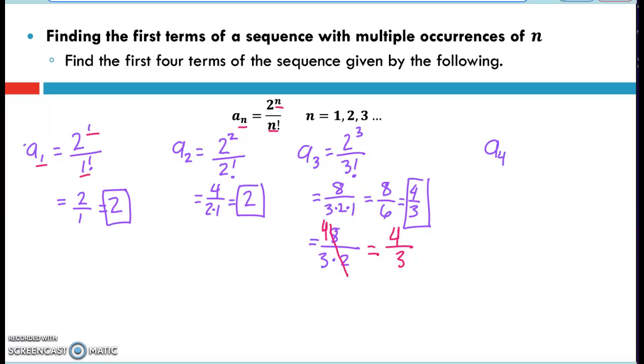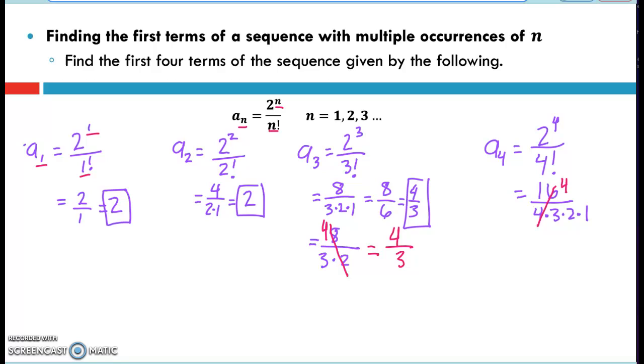And then my fourth term is equal to 2 to the 4th power over 4 factorial. Now, 2 to the 4th power is 16. And then I have divided by 4 times 3 times 2 times 1. I like to reduce it before I multiply things through. 16 divided by 4 is 4.